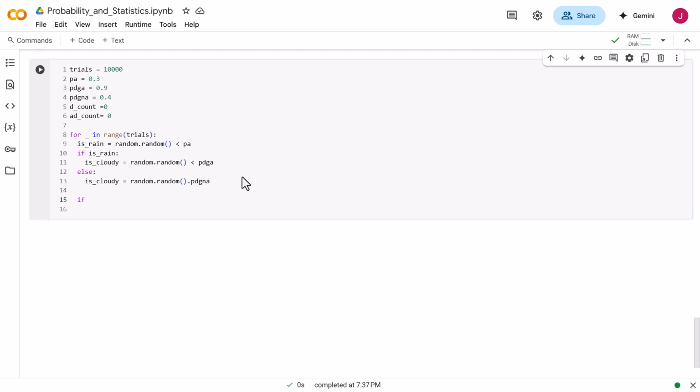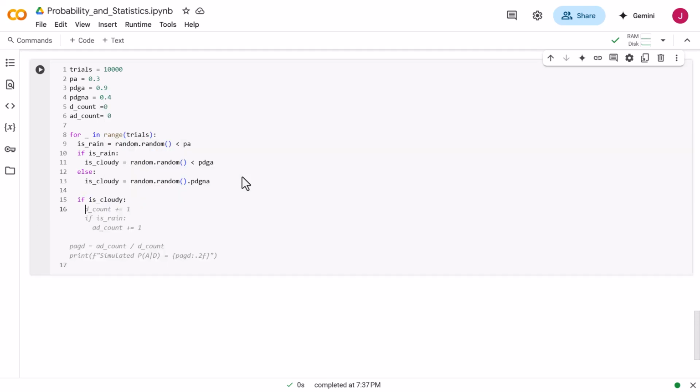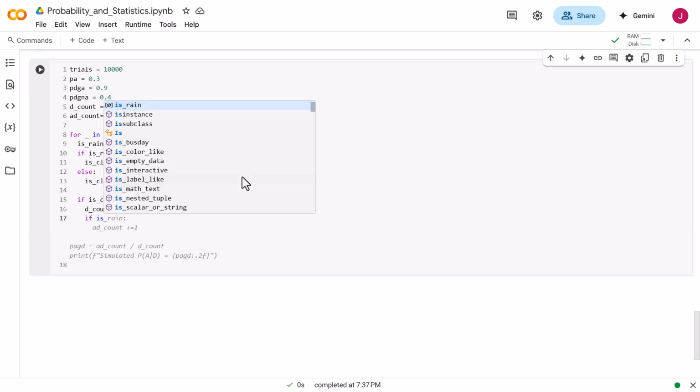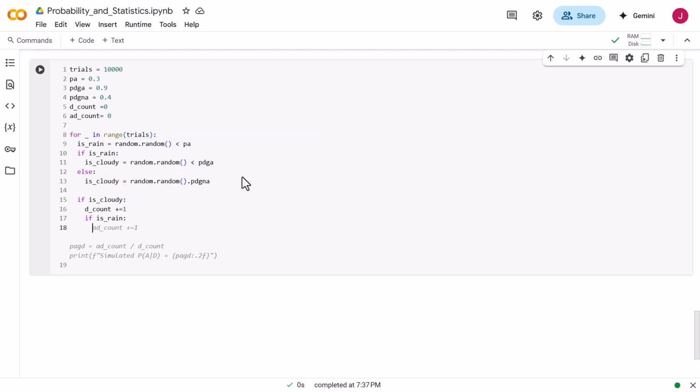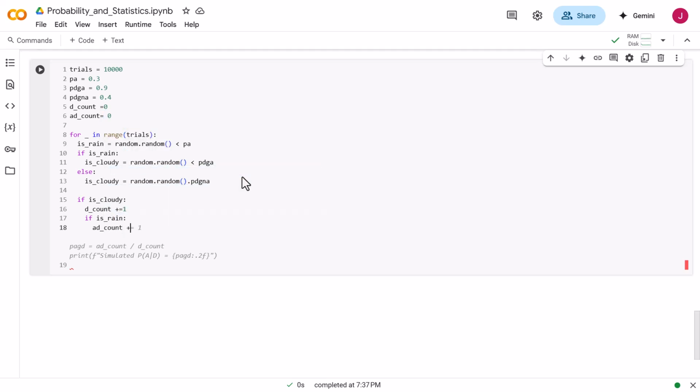Then if is cloudy, we increment the clouds counter, right? So D count plus equal to 1. And if is rain, then AD count will be incremented by 1, right?